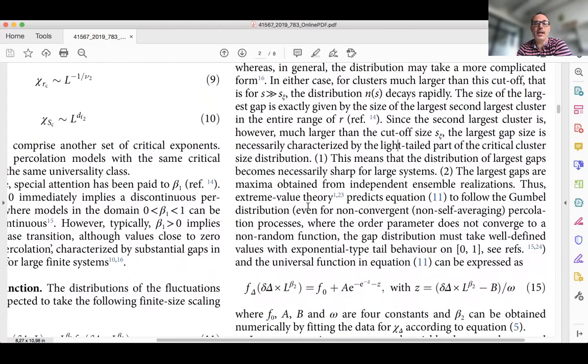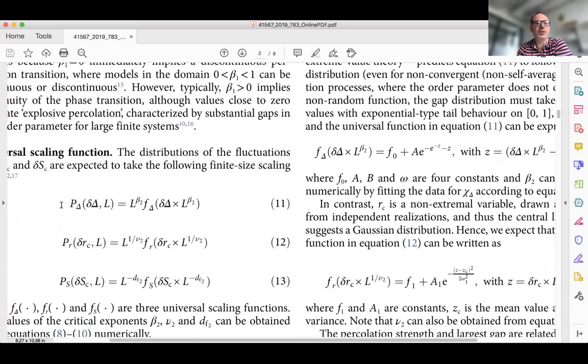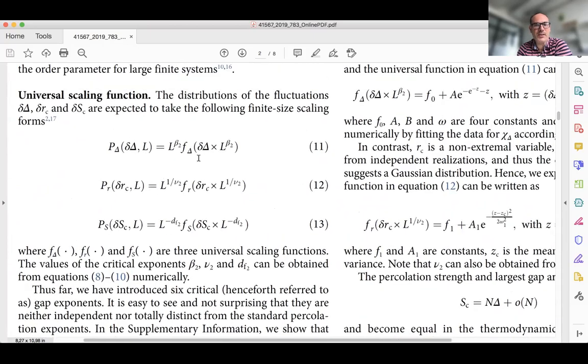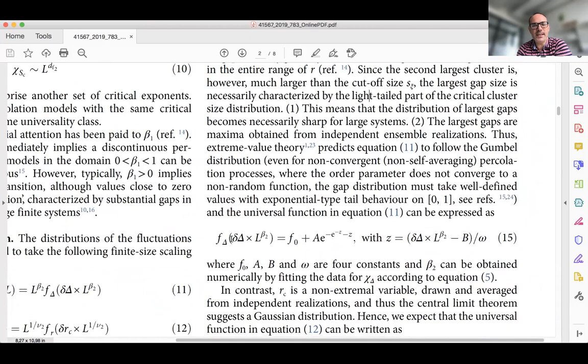Thus, extreme value theory predicts equation 11, whatever that was here. That is the universal scaling function. But there's a specific form of this f of delta, and it is this one here. It looks like Wikipedia. You may have a positive additive constant, which has to be zero for other reasons, which go back to many interesting physicists.